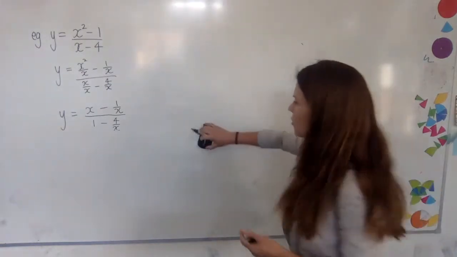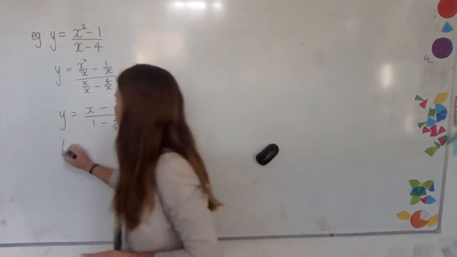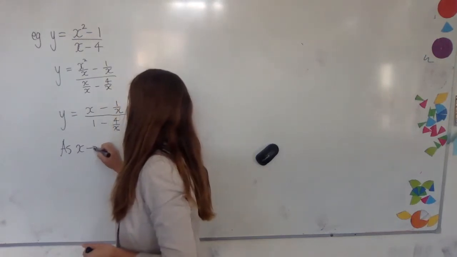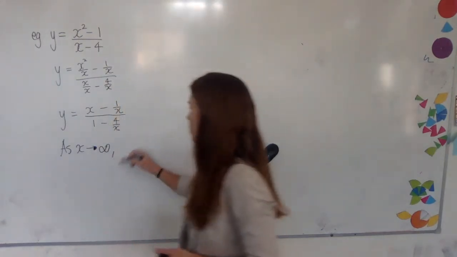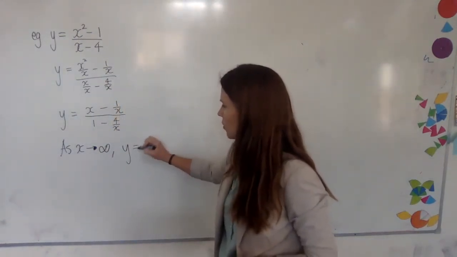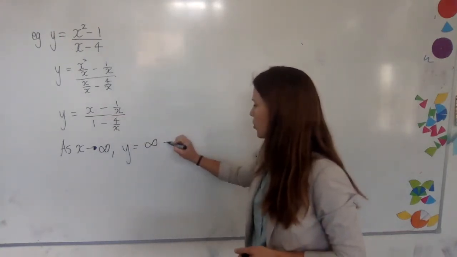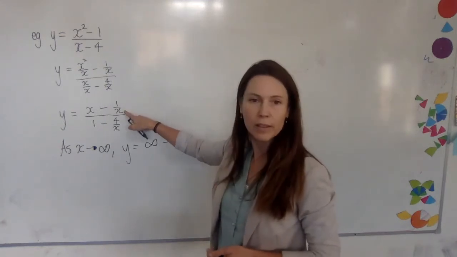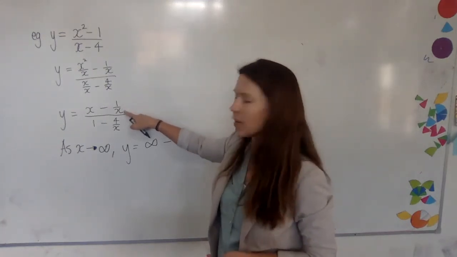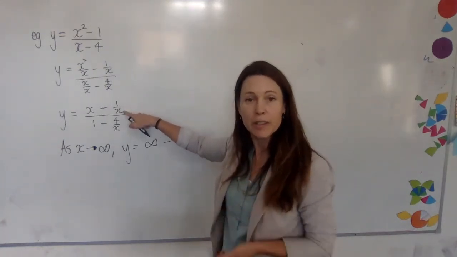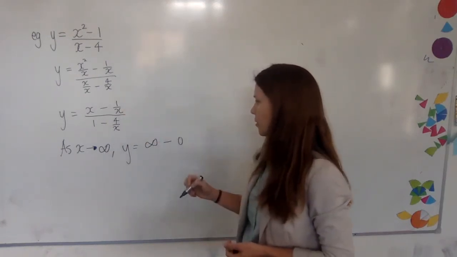So the next thing to do now is to think through what will happen as x approaches infinity. What will happen to y? Well, if we have infinity here on the top, we'll have to subtract 1 over infinity. Now, 1 over a massive number is virtually 0, isn't it? So we'll be subtracting 0.